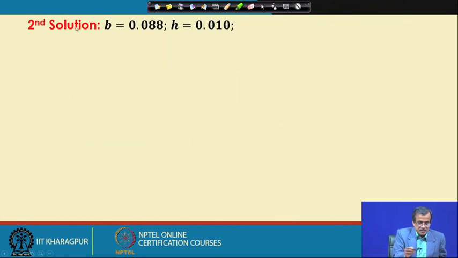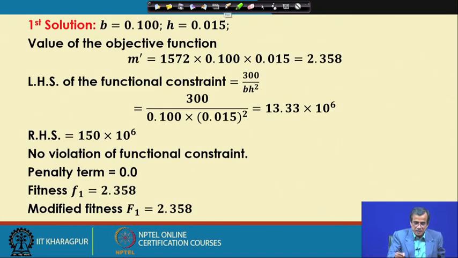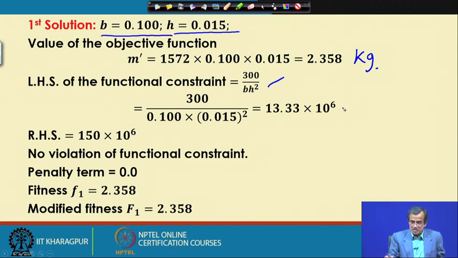For the first solution, b equals 0.1 and h equals 0.015. The value of the objective function can be determined very easily: 1572 multiplied by b multiplied by h, so 2.358 kg. The left hand side of the functional constraint is 300 divided by b h square, and if you substitute, you get the developed stress, and the allowable stress is this much.